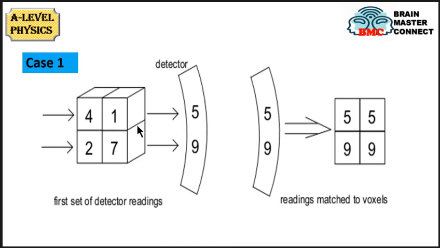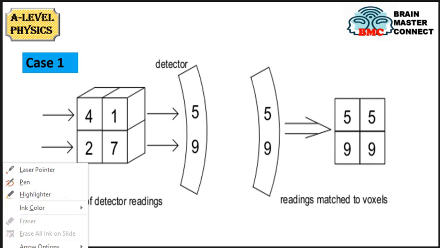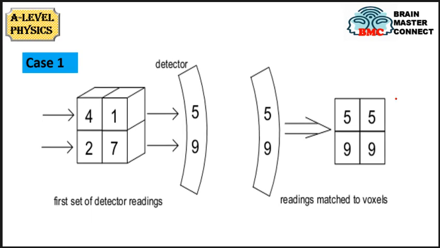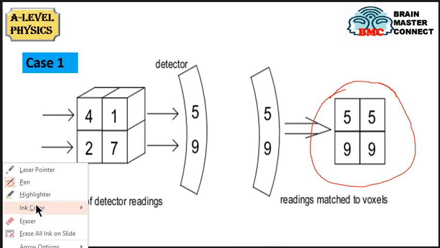So 5 will be replacing 1, 5 will also be replacing 4. Then for the bottom part, 9 replaces 7, then 9 replaces 2. With that, we are going to have another new Voxel in this place. That's why I said for every direction, there's always a new Voxel formed.